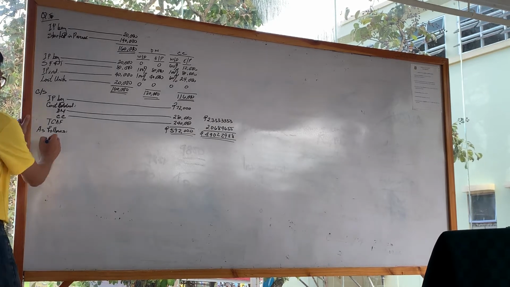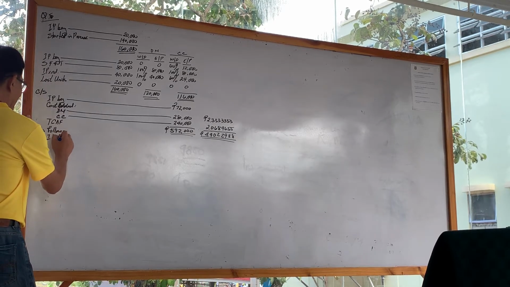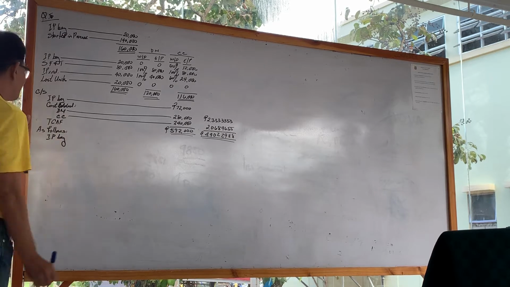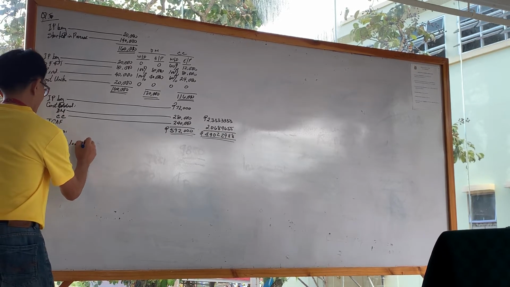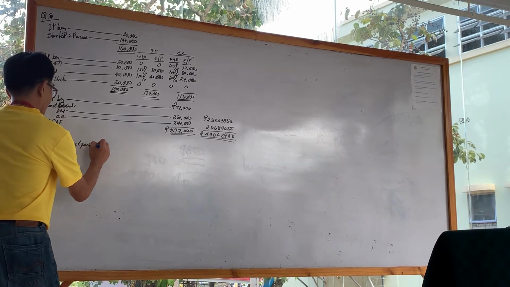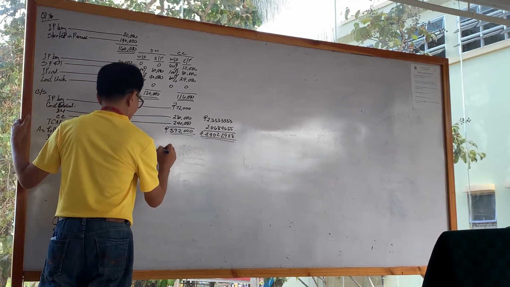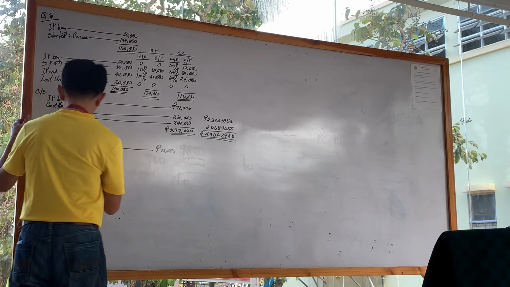Okay, we have in process beginning cost plus cost this period, 72,000.